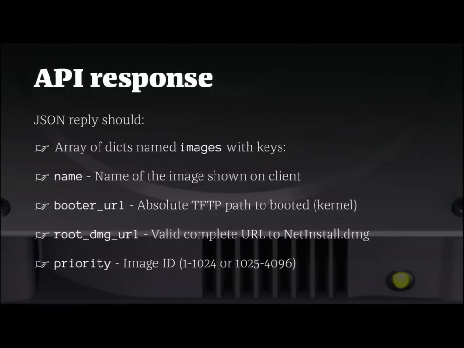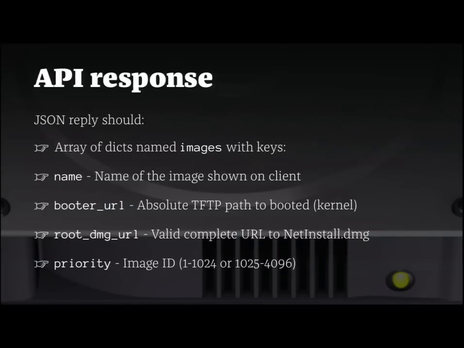So if you have two images that say our NetBoot, they will both show up, and they will have different IP addresses showing to say that they're different NetBoot servers. If the image ID is above 1025 through 4096, they will get concatenated to one, and it will pick which server to load from based on the server priority. So it serves an actual purpose.